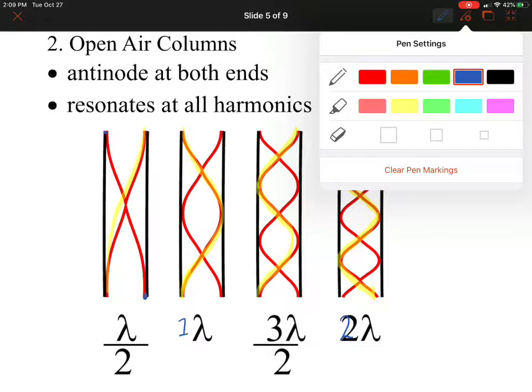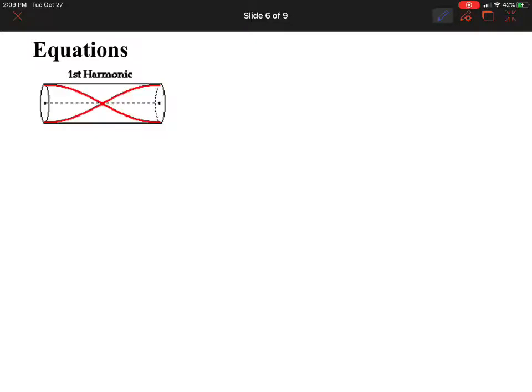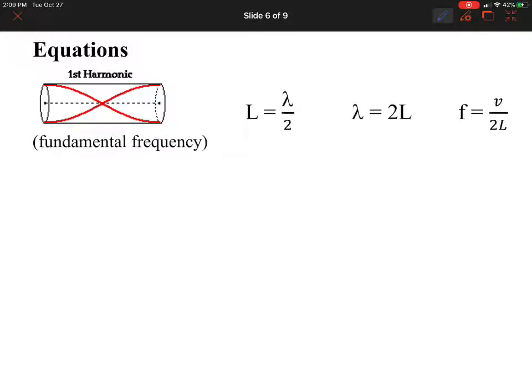But we can still make this nice and general as well. But let's look at, again, some of the equations just for the specific situations. See if you can find any patterns, and then we'll go to getting our general equation. So here's your 1st harmonic, and that is where you have the least number of wavelengths as possible, which is half of a wavelength.